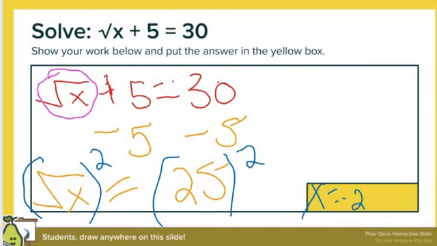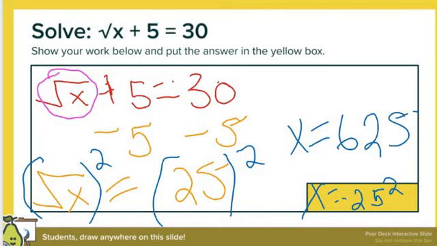X equals 25 squared, so I'm just going to grab my calculator. X equals 625. Excellent.